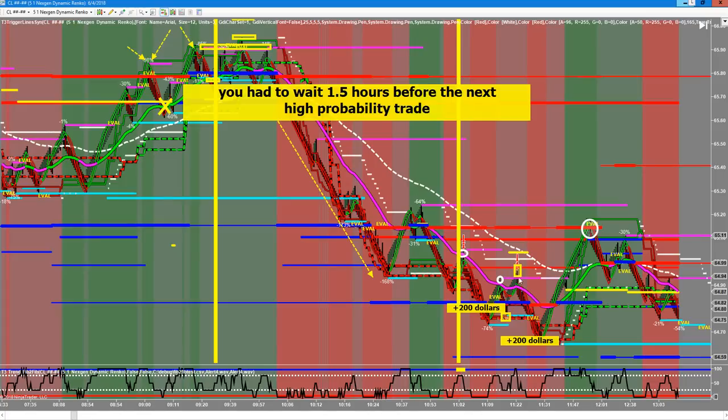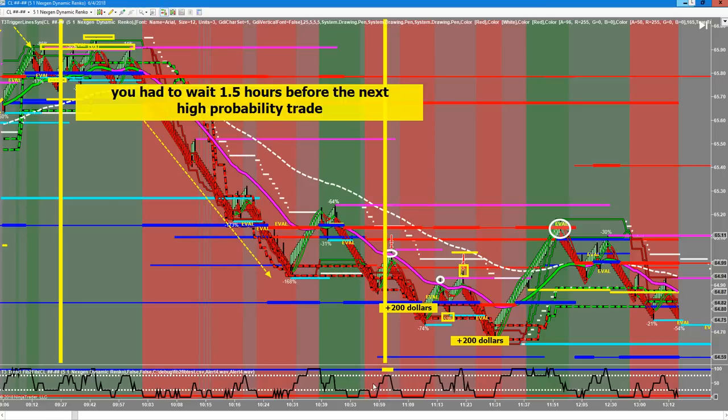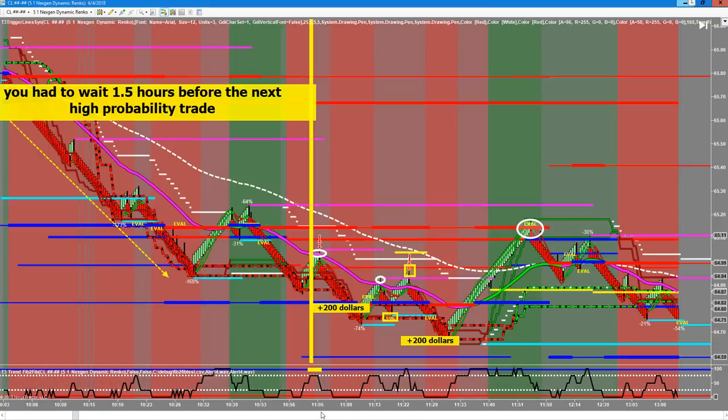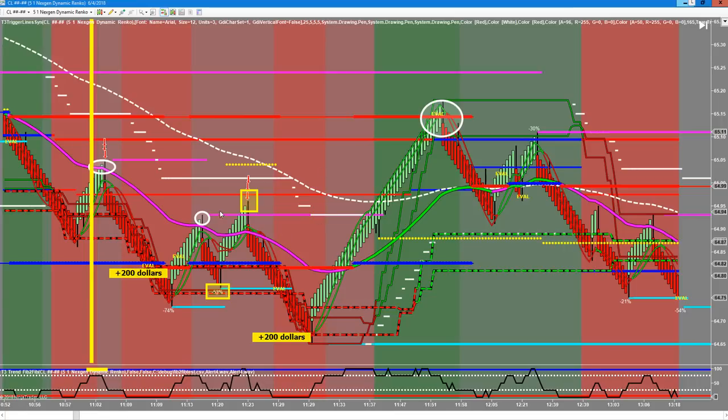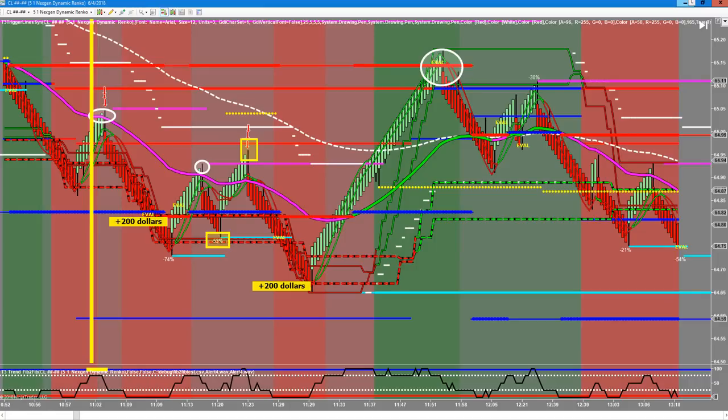You've already made your $400 goal by 11 o'clock in the morning. We're going to keep going because that's what we do, but you've already made your goal. Just these 2 little trades right here made your goal of $400. So everything else after that's bonus. You don't have to keep going, but many traders do many more than 2 $200 trades in a day.